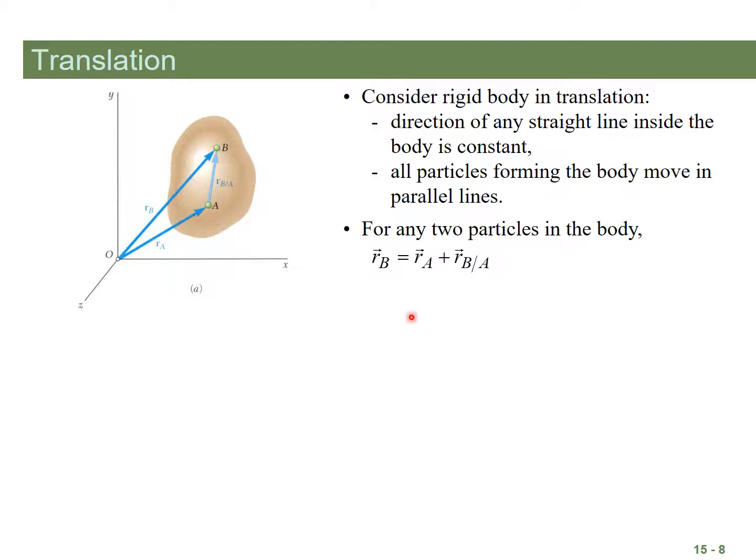This equation here is describing the vectors that you're seeing here. So the blue vector, rB, is equal to the red vector, rA, plus the relative motion.